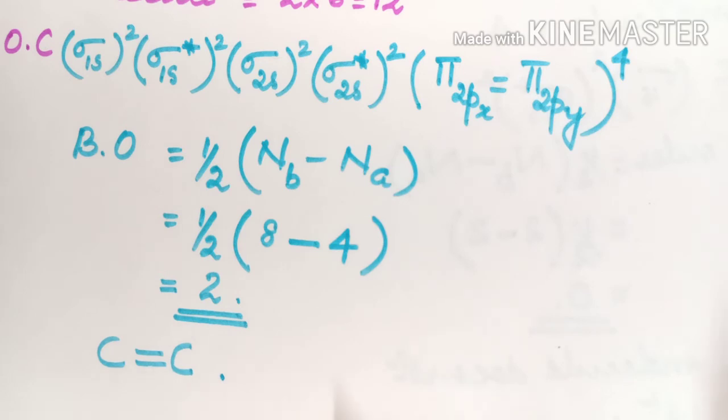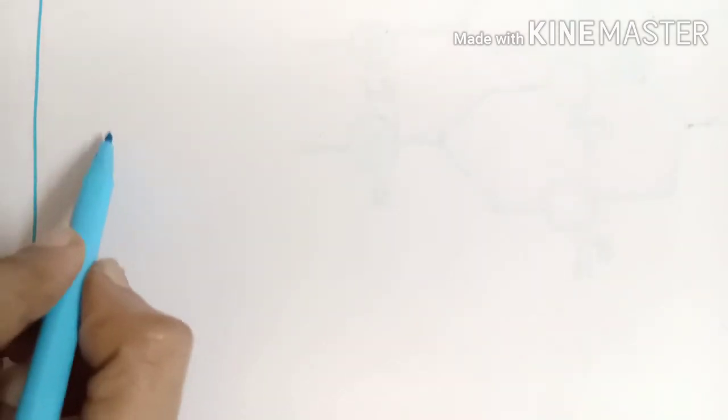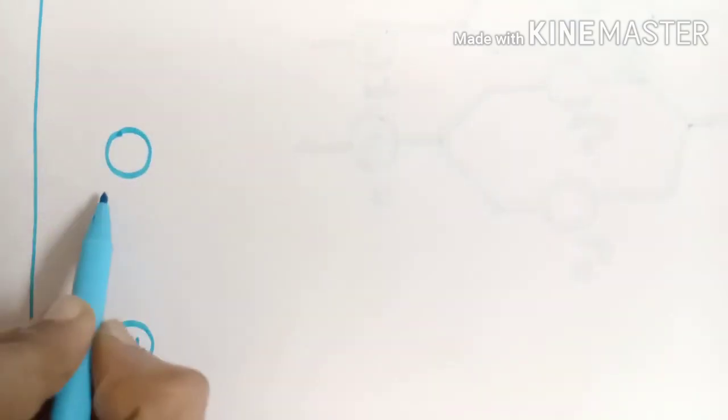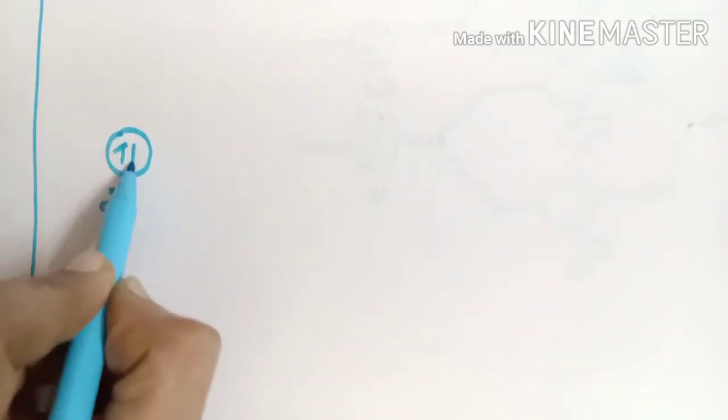Now we shall draw the molecular orbital diagram. Coming to the energy level diagram of molecular orbitals in carbon, first we represent the atomic orbitals of the first carbon on one side and the second carbon on the other side. So we have, first, 1s2, then we have 2s2.